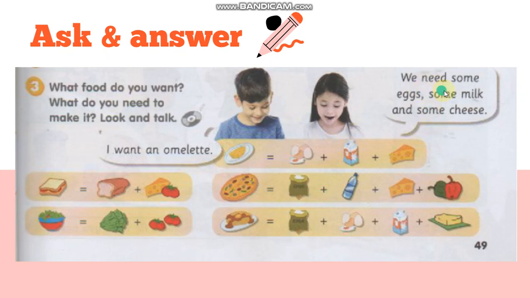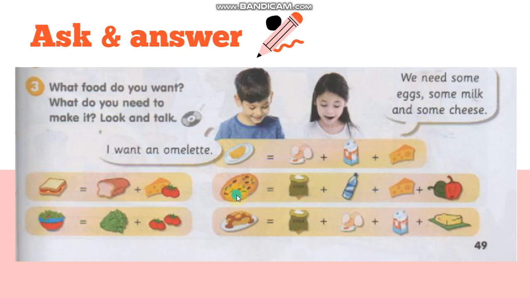We need some eggs. Because eggs here is plural, we use some eggs. Some milk, because milk is uncountable. We cannot count milk, so we use some also, some milk and some cheese. Cheese is also uncountable, so we use some.